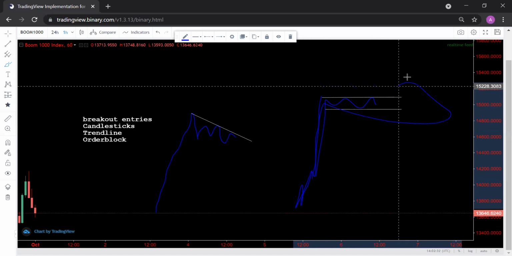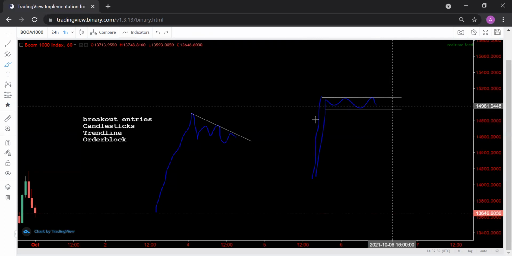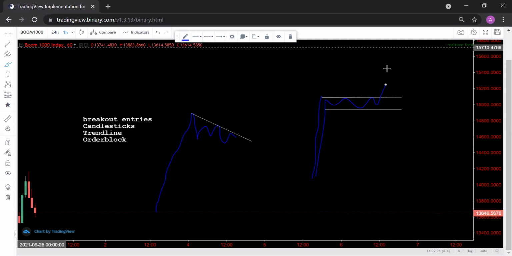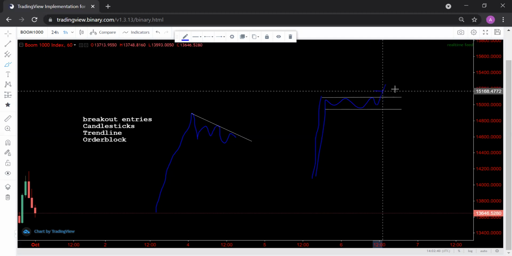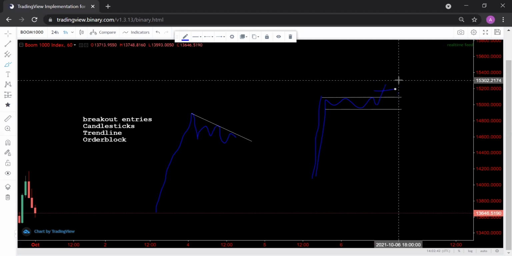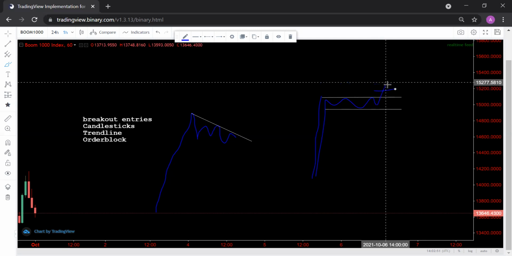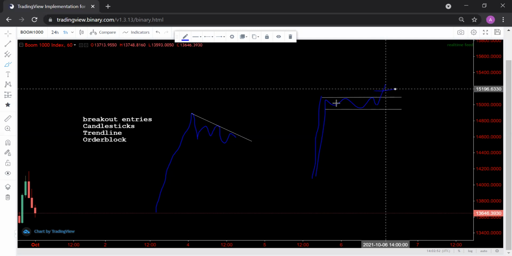So when I see a breakout above, what do I do? I take an entry immediately I see a candle close above the resistance in which the consolidation has formed. If I see the candlestick still going up, I wouldn't take an entry yet until it has closed above that resistance.